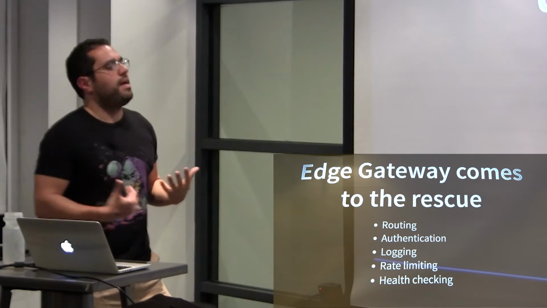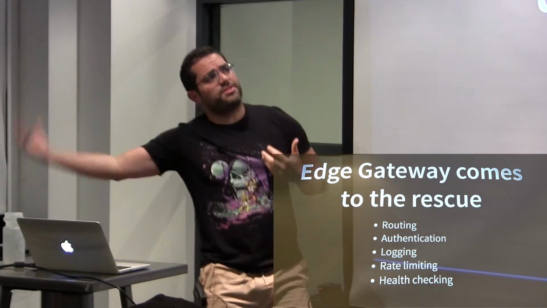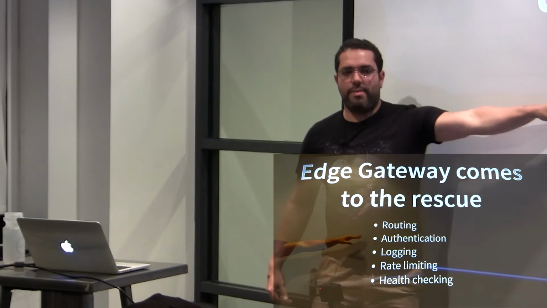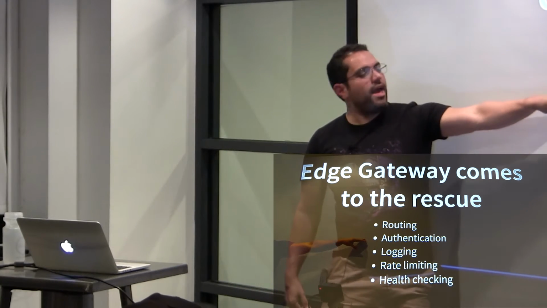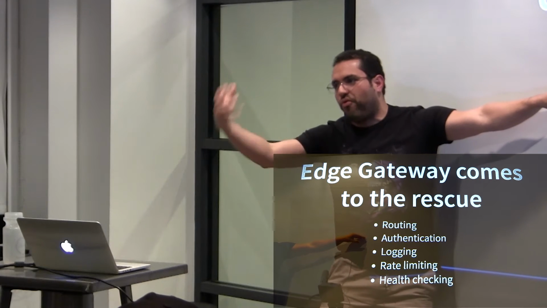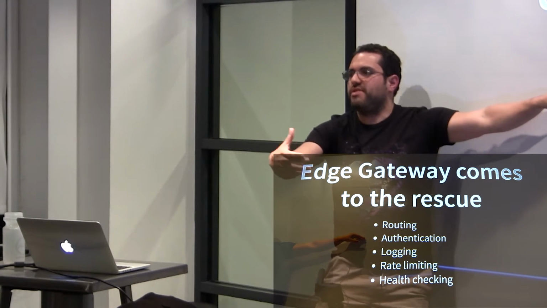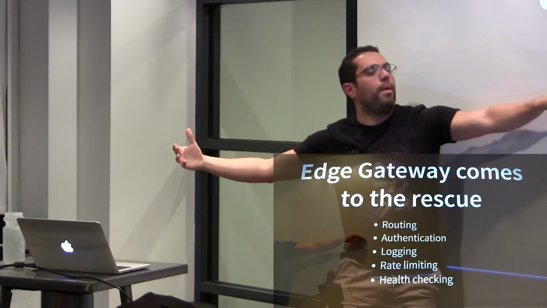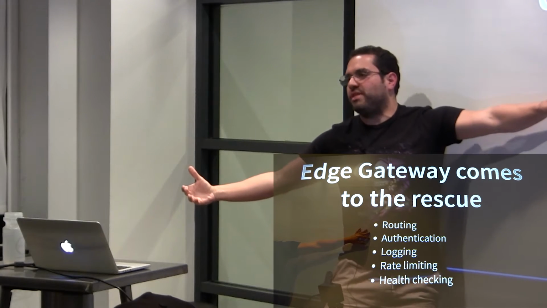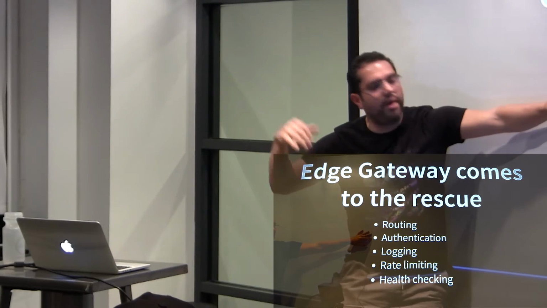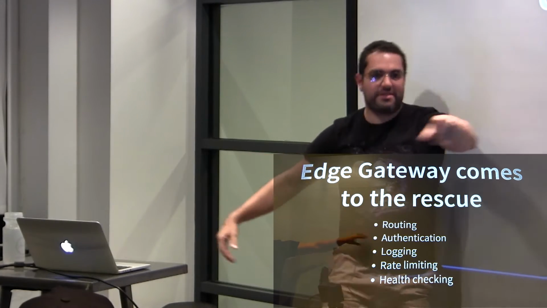And this means that the services that are downstream don't have to worry about this. Because I'm going to say, yes, it's this user performing these operations. So the service on the back end doesn't have to know how to authenticate the user. It's happening before a request reaches the back end service.